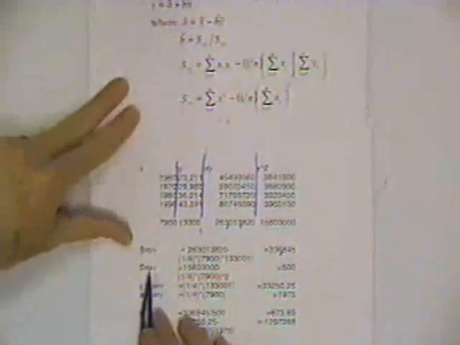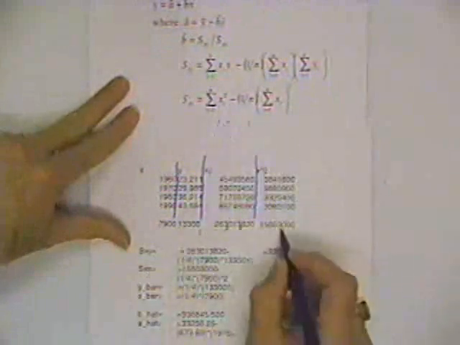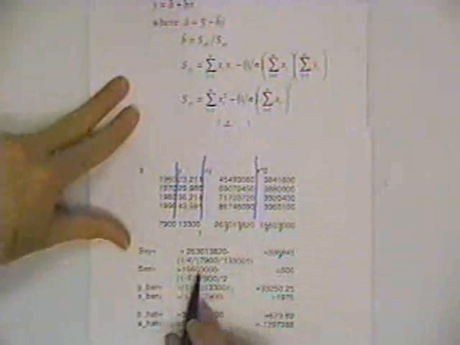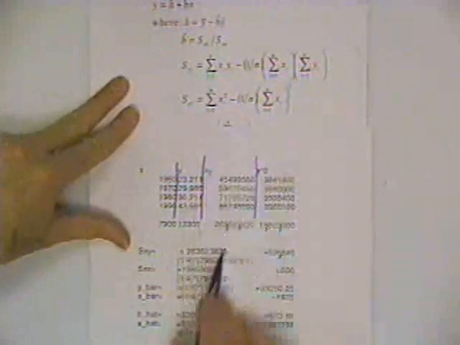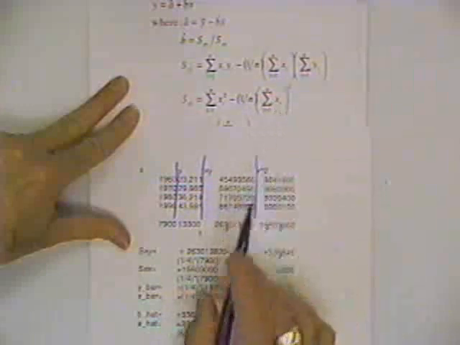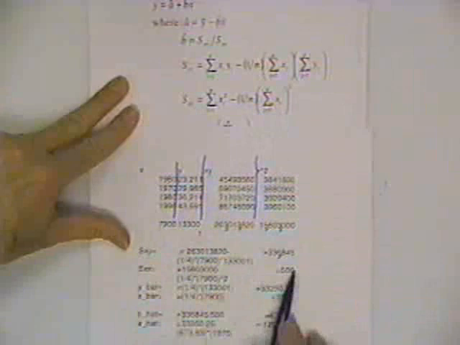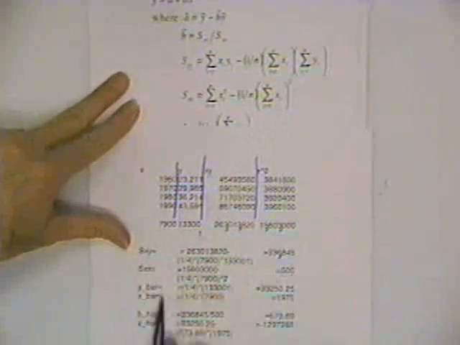Then use the formula for S sub XX. It's the summation of X squared, which we have as about 15 million here, minus 1 over 4 times the summation of X, 7,900, quantity squared. Carry that out and you get 500.